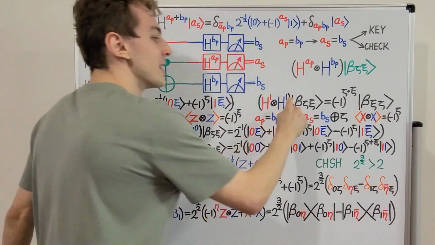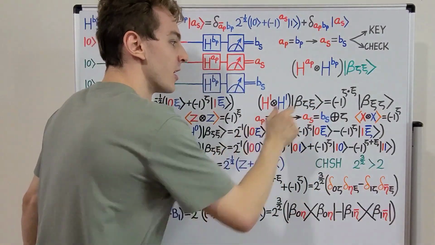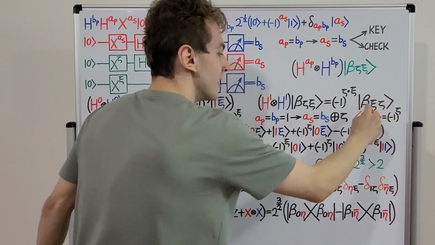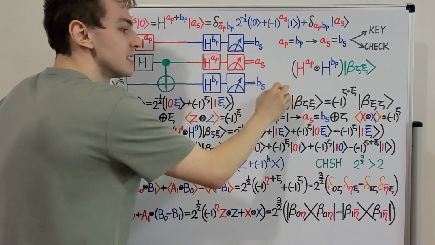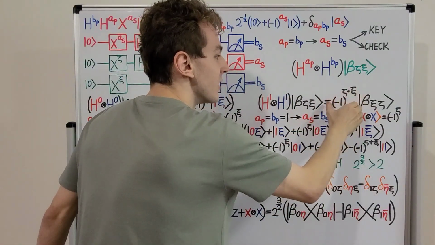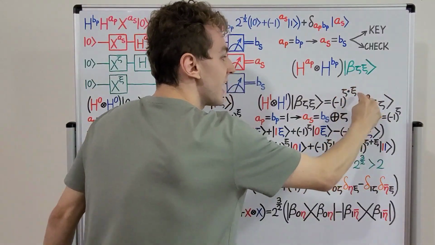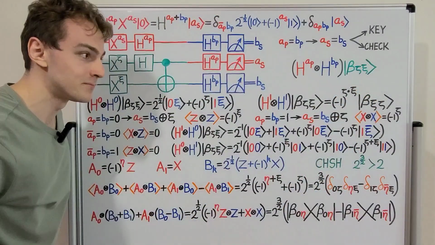But what if we have the beta 1, 1 state? Well, then this is going to be mapped to minus the beta 1, 1 state. So the effect of these Hadamard gates is to introduce a minus sign over here. This minus sign is only activated when both zeta and xi are equal to 1.